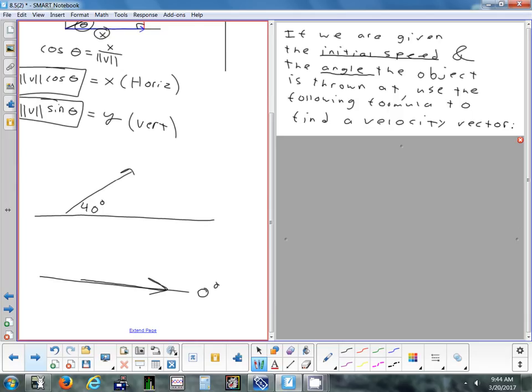It's 90. 0 is north on a compass. So how you measure the angle is a little different using a compass versus what we're doing, but it's still the same formula. We're just calling right 0. We would call 90 up. 180 would be left. And yeah, that's pretty much all we need.